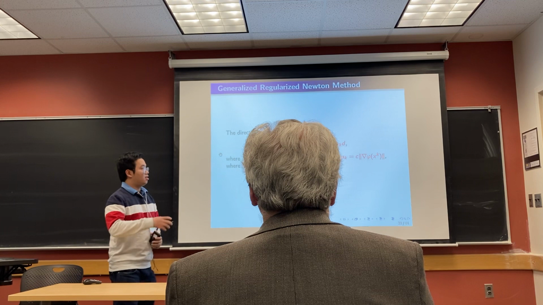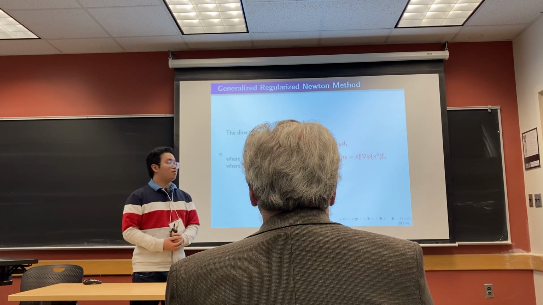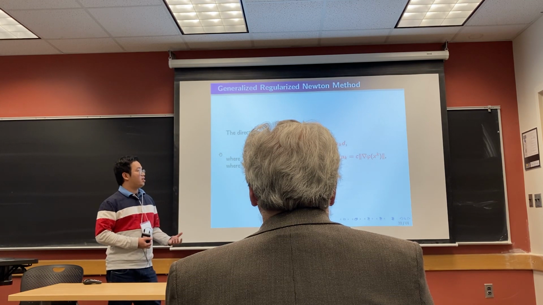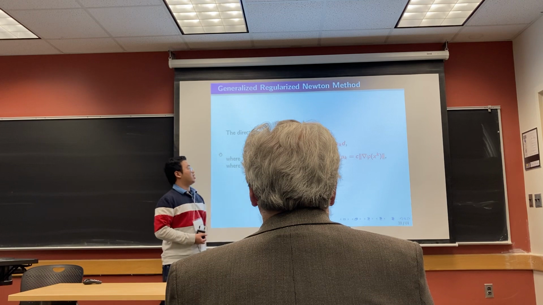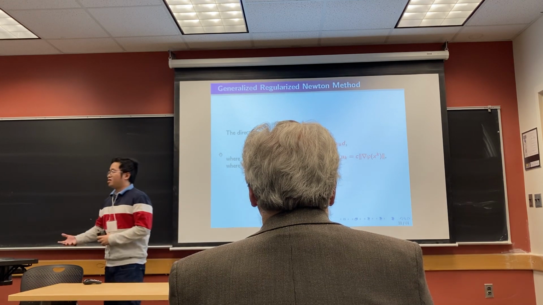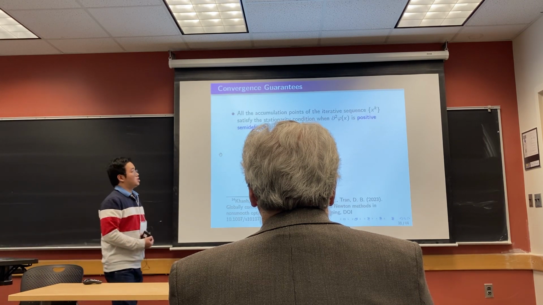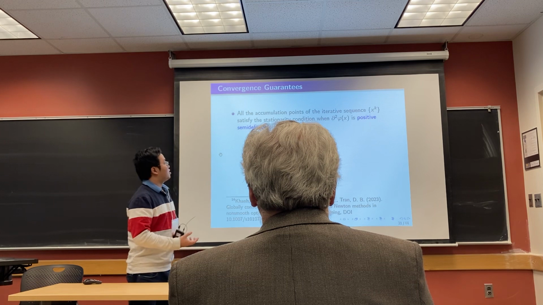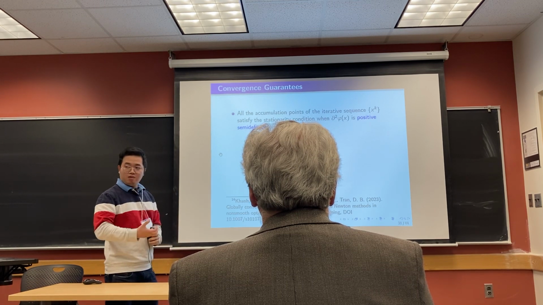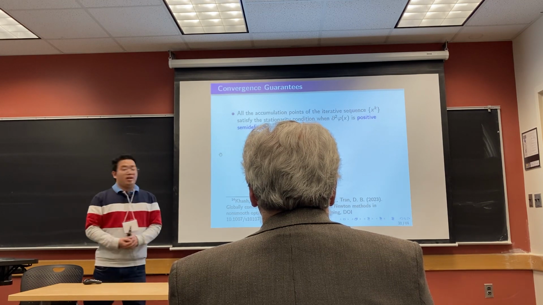Okay, in the case the second order subdifferential is not positive definite, we can modify the way to find the direction as follows, and in this case we can get convergence. The first result is that all the accumulation points of the sequence will be stationary points.